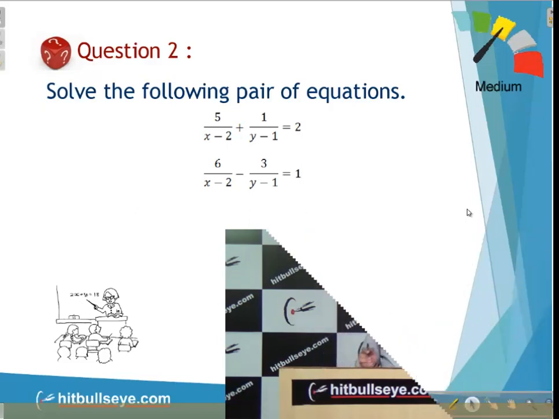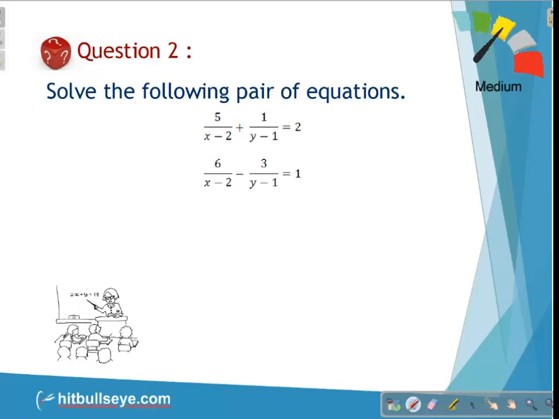Let us see how. What I'll do here is, I'll put 1 upon x minus 2 in terms of another variable as p, and 1 upon y minus 1 as q. Right, students?